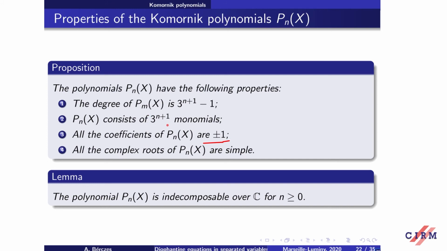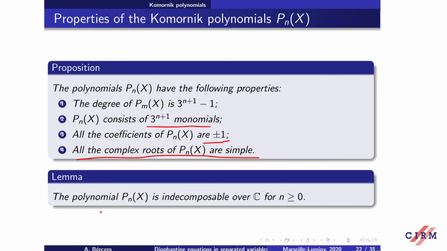Below the highest degree term, there are no other coefficients than plus or minus 1, including 0. There is no 0 coefficient, so all the terms are present. It consists of 3^(n+1) monomials, and all these monomials have coefficients either plus 1 or minus 1. It is also proved that all the complex roots of such polynomials are simple.